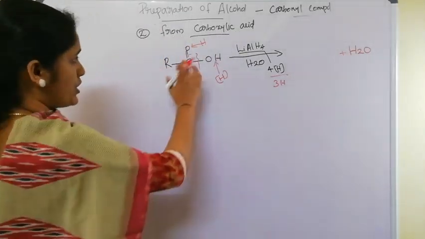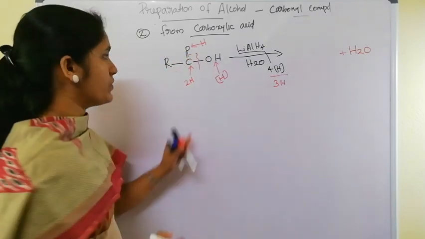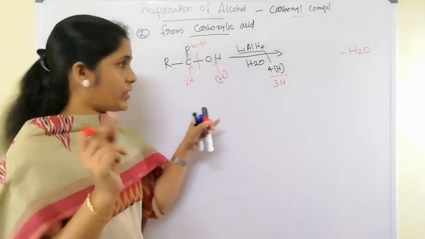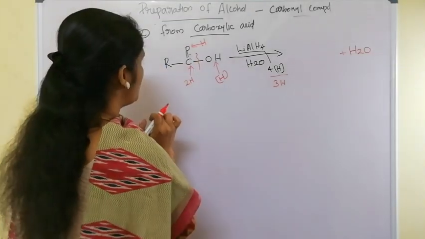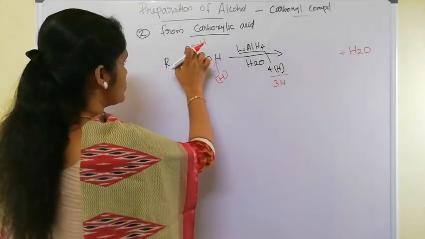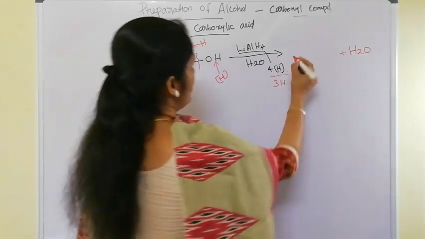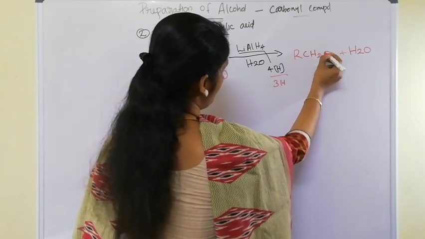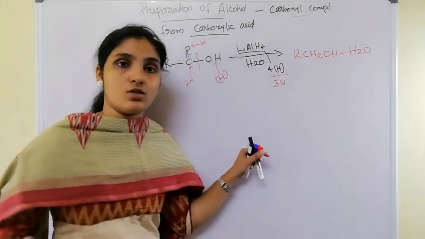Okay, and now let's move to the next part. Here again the carbon oxygen double bond gets ruptured and 2 hydrogen atoms are given to the carbon and 1 hydrogen is given to the oxygen. Therefore we can write the product as RCH2OH. The product is what?